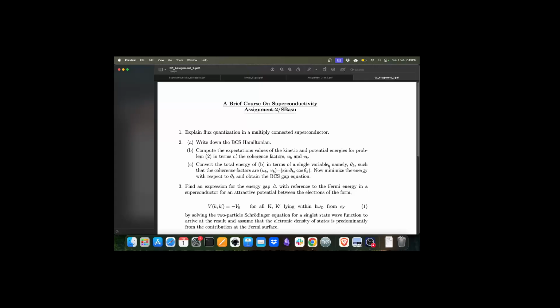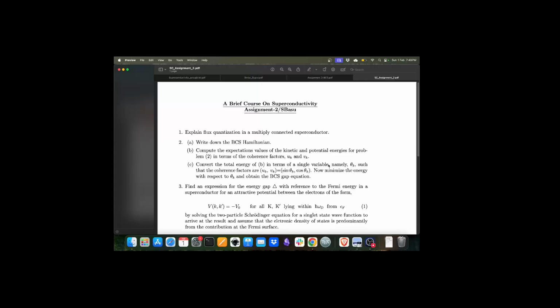The second approach I was trying is that you solve it fully from the Schrodinger equation. Meaning you take two electrons at two positions, R1 and R2, somewhere there is a center, and we'll have the kinetic energy like minus h bar square by 2m, gradient of 1 square plus gradient of 2 square.